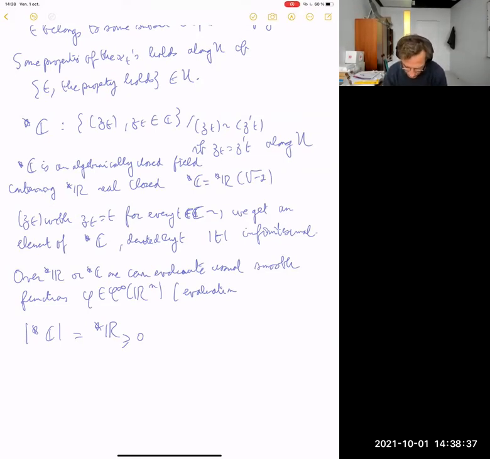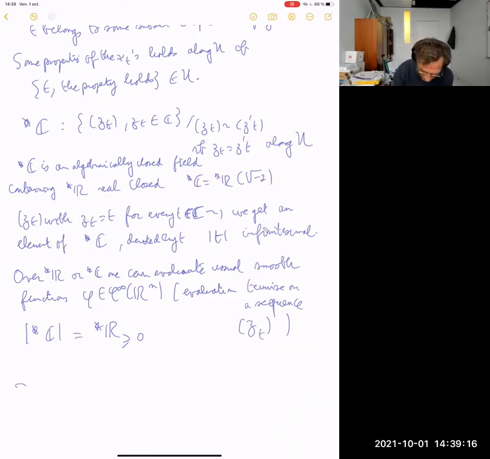And so over the field R or C, one can evaluate usual smooth functions, defined on the field of usual real numbers, simply by evaluation term-wise on a sequence z_t. If your z_t are real numbers, you take a smooth function, you evaluate your sequence parameterized by t of real numbers, and you get a new sequence, which gives you a new element of your field.